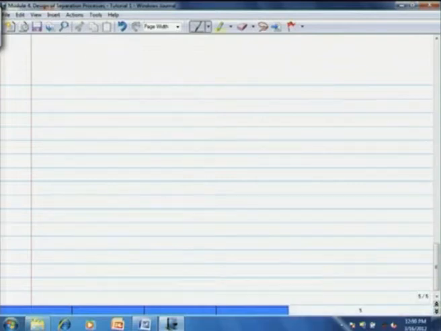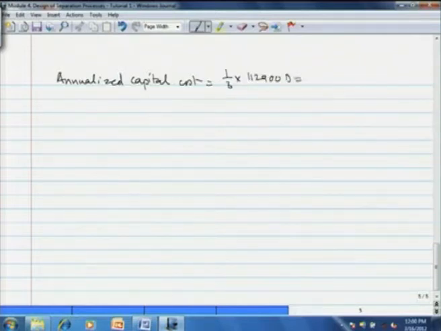So, the annualized capital cost is 1 by 3 of 112900 D, that is 37633.3 into D. The annual fixed charges are 20% of the capital cost.